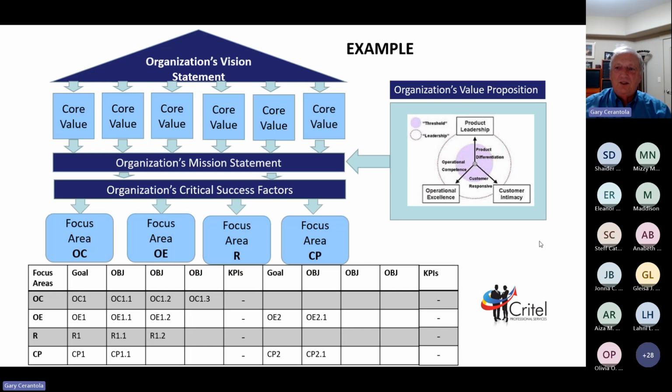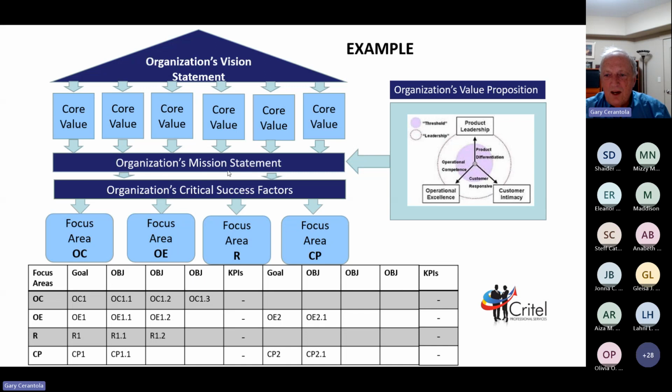So here's a template that I've used with many companies because I do some consulting. You start with a vision statement, and this is for a values-driven organization. You understand what the core values of the organization are, and from that you can really design a great mission statement.